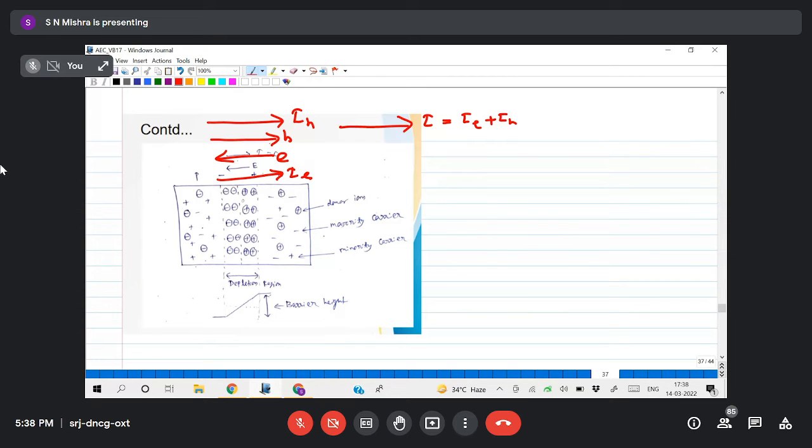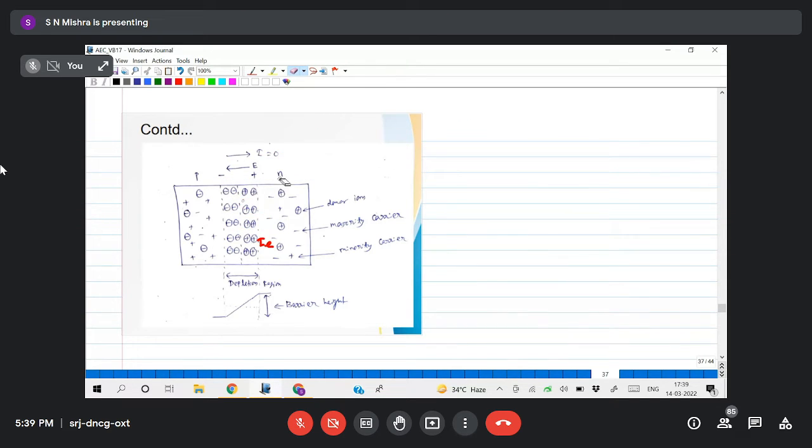Now if you consider minority carriers, the holes are moving this direction, so current is this direction, and the electron is moving this direction, meaning current is moving this direction. But this diffusion is for a very small time, and the net currents are opposite to each other, so I can say the net current is 0 when we have not biased the diode.